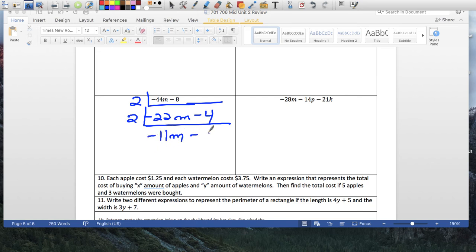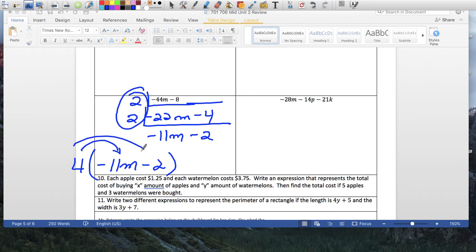And 2 goes into 4, again, 2 times. So there's no more numbers that they share besides 1. So the GCF is the product of these two. So 2 times 2 is 4, right? So that's going to go outside, and inside you're going to get 11m minus 2. Check. 4 times negative 11 is negative 44, and 4 times negative 2 is negative 8.